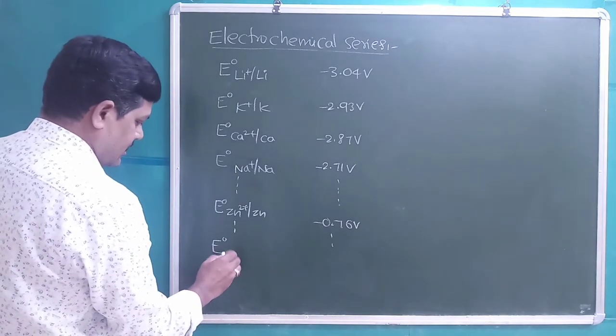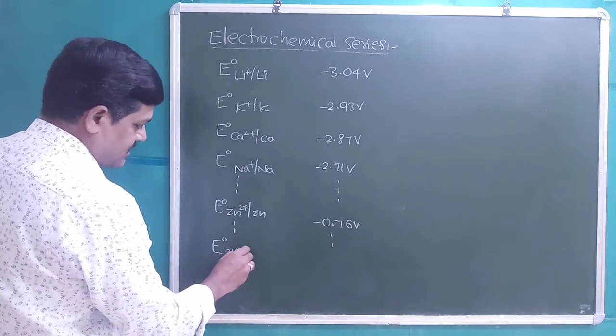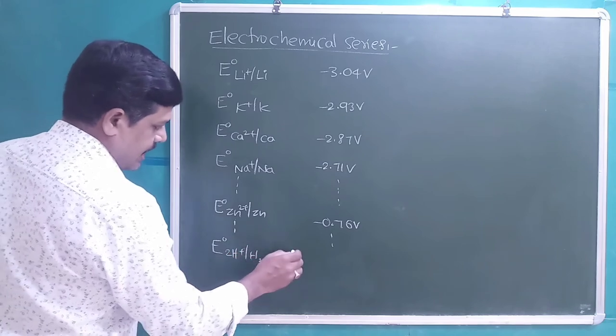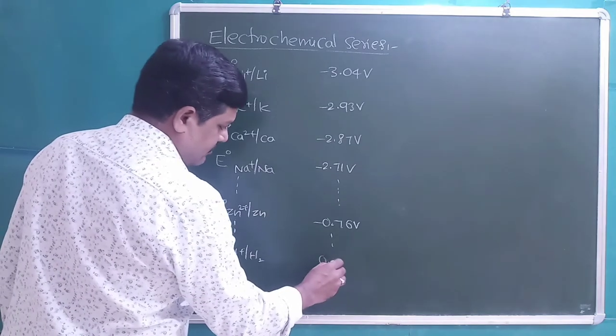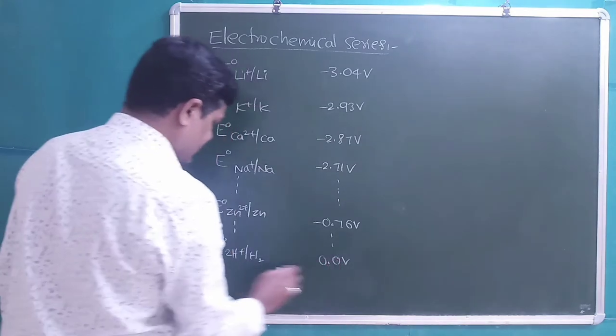Later we have E naught 2H+/H2, the standard hydrogen electrode, with E naught value 0 volts.